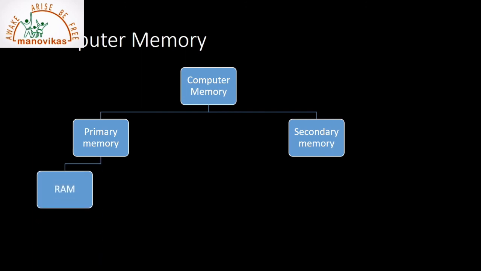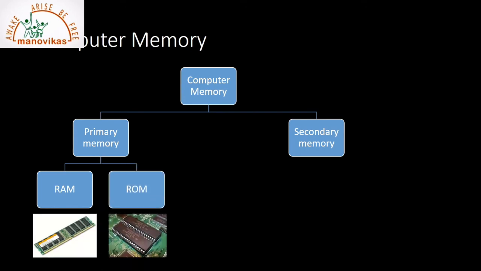Primary memory consists of two types, RAM and ROM. RAM stands for random access memory. This memory is a temporary memory. It has a smaller storage capacity.